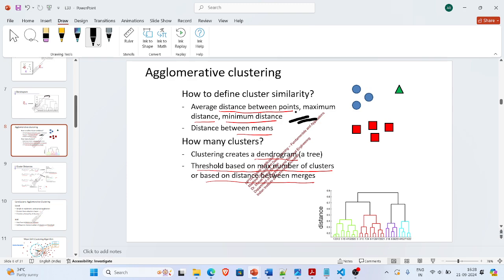It can be distance between means as well. Now what we have here is how many clusters there can be. The clusters depend on the dendrogram.